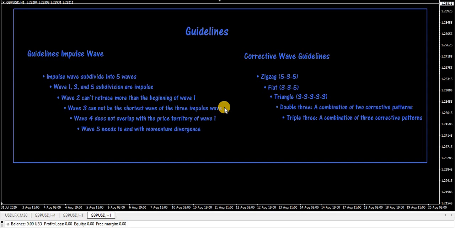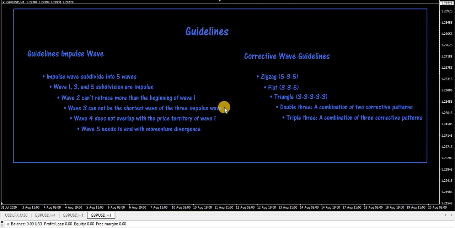If your wave 3 is the shortest, then you are within an extension, or you are in some form of correction, which is generally a B wave or a complex B wave that looks almost impulsive, but it's not. It's pulling and pushing, and that traps a lot of people, guys. So just be on the lookout for those.